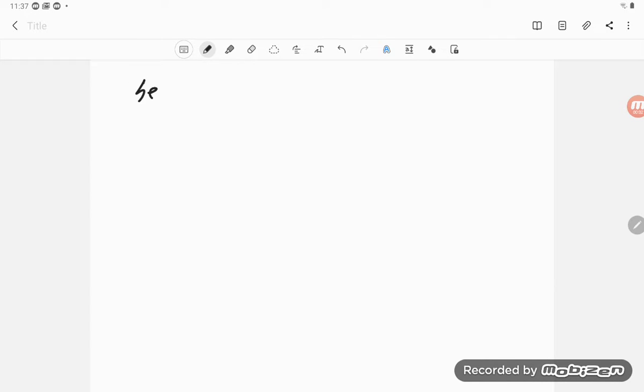Okay, section 5.4. Here we have theorem 5.4.3. I think it's 3, yes.